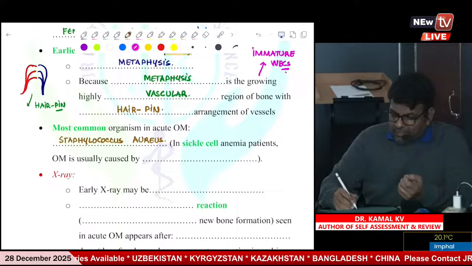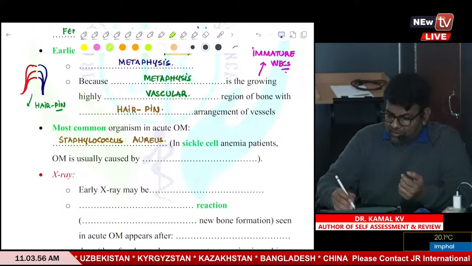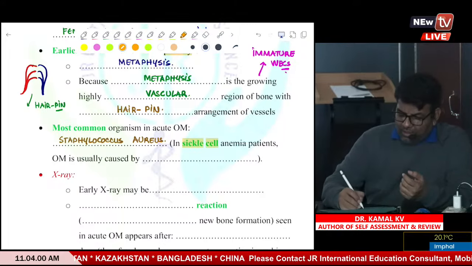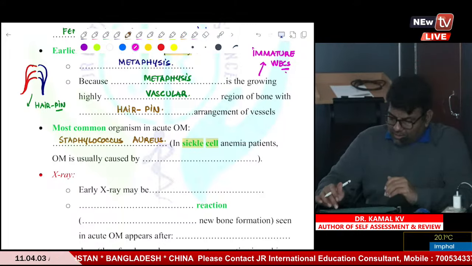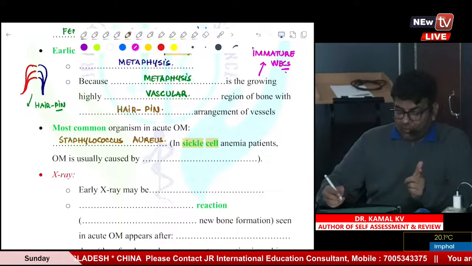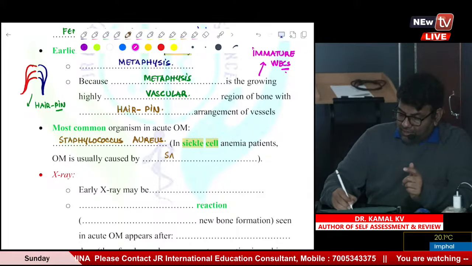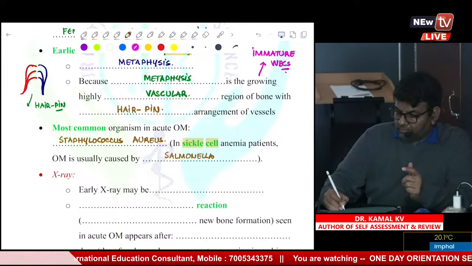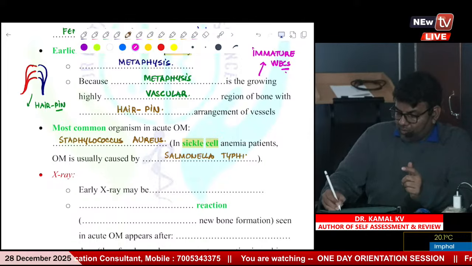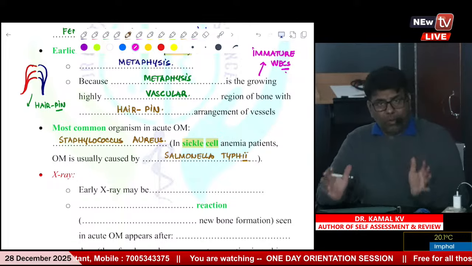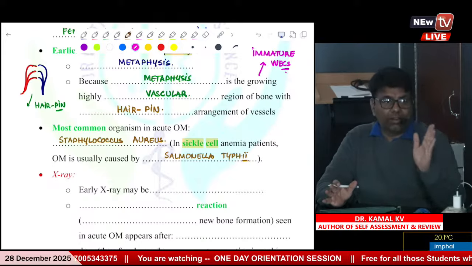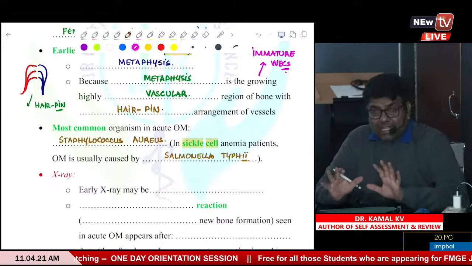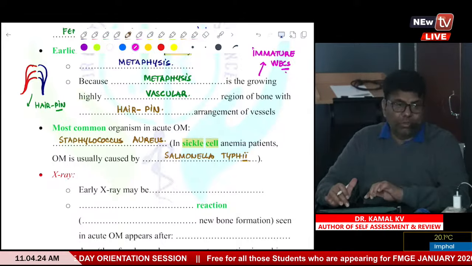There is a different set of patients like sickle cell anemia. Here the condition is caused by a different bacteria, and that bacteria is Salmonella. So if the question is about the general population, unspecified, you will write Staph aureus. If the question is about sickle cell anemia, the answer should be Salmonella.